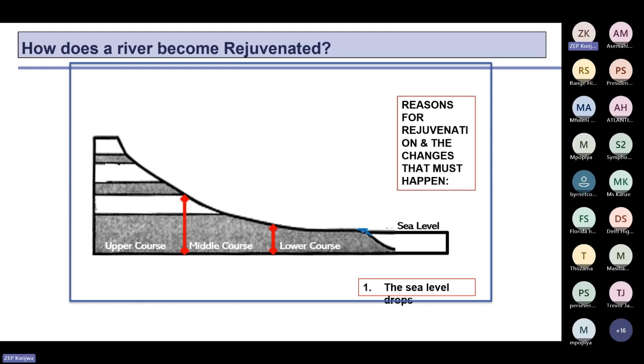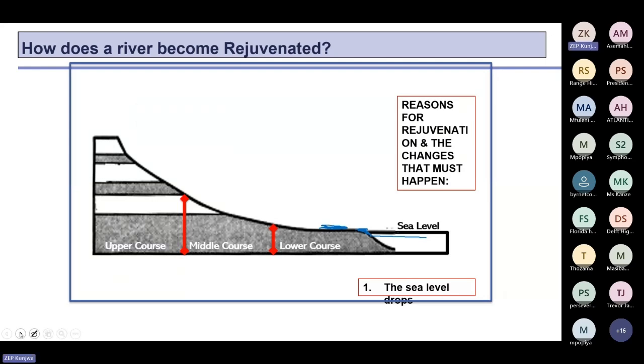I'm highlighting it there. That land there is a bit steeper as compared to this one. Can you see the difference between the two? If the sea level drops, even though the water was moving slowly to get into the ocean, it is going to start to go down before it can join the ocean. So the drop in the sea level can cause the river to be more energetic. That is the first reason, the drop in the sea level.